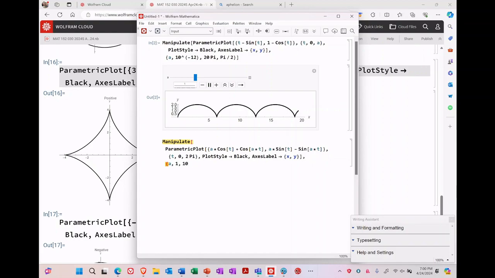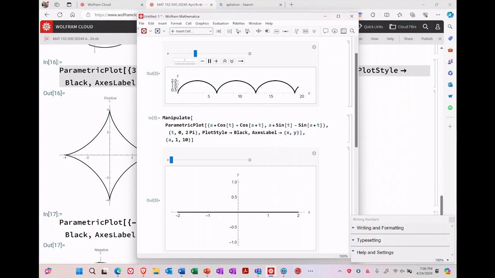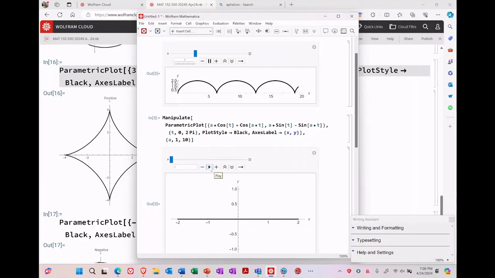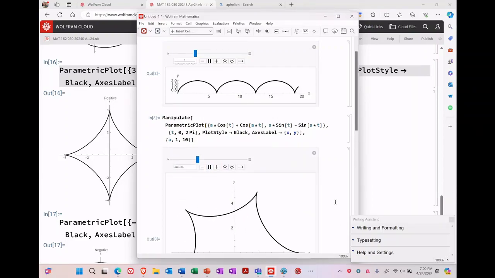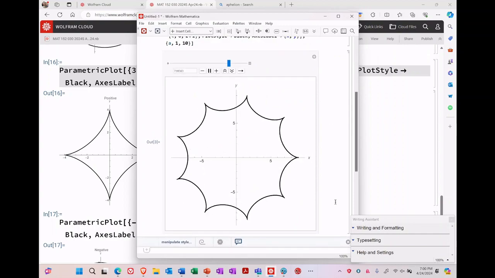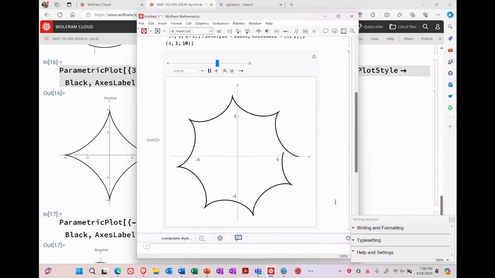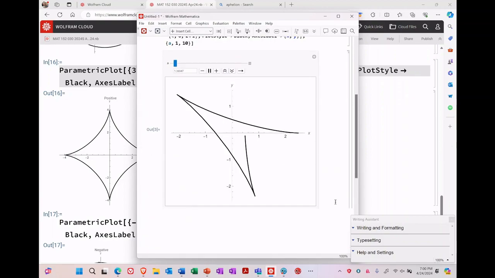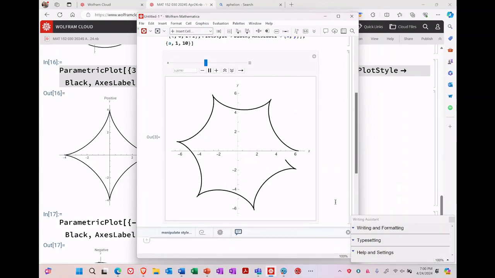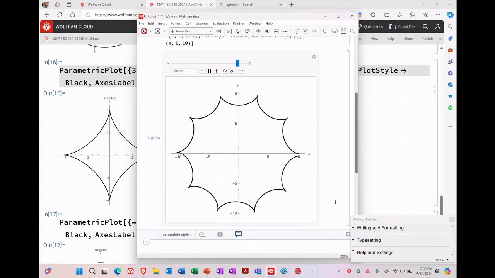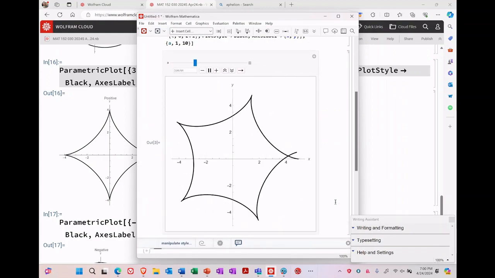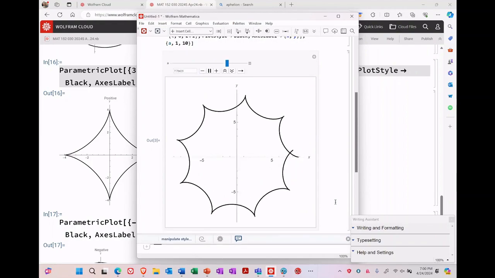Let's grab the 10. So this is what's happening as your value of that constant increases.